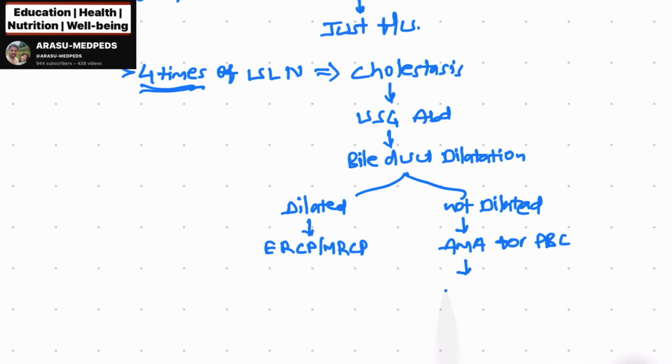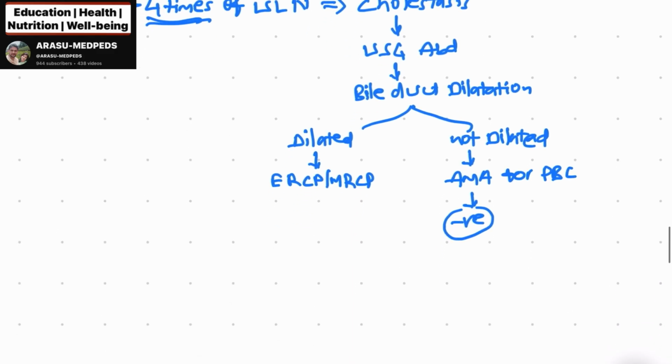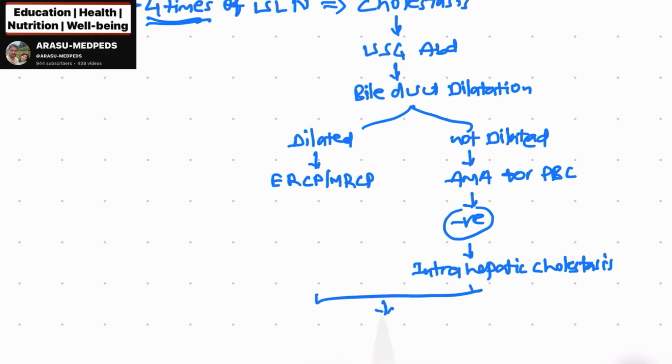Suppose it comes as negative, then the other causes of intrahepatic cholestasis should be considered. And in any situation, if we don't get a conclusion, we can consider liver biopsy as last measure.